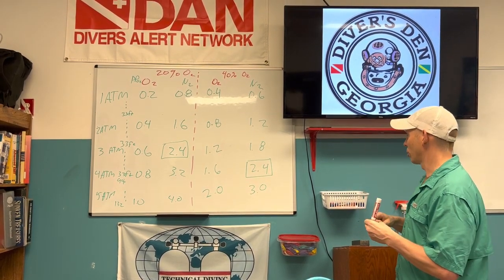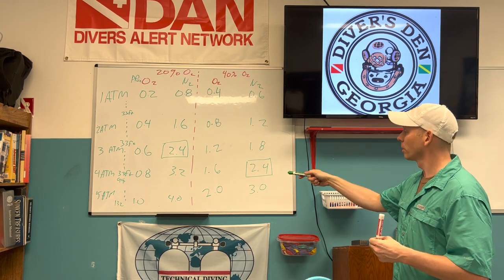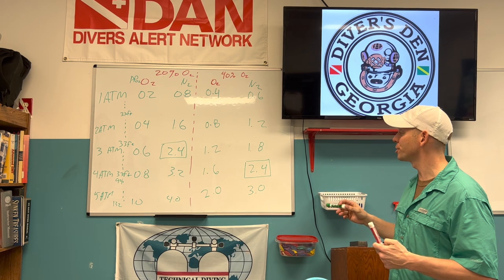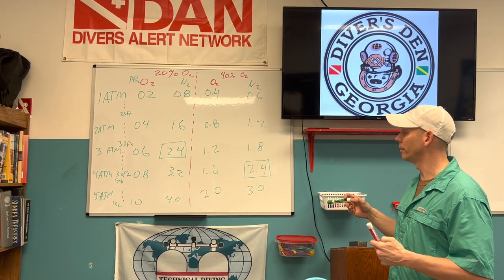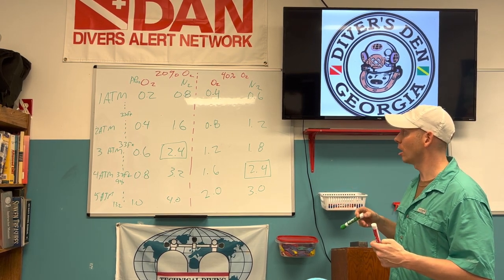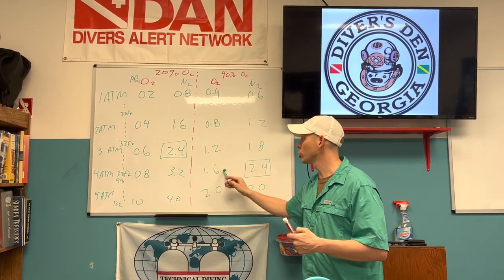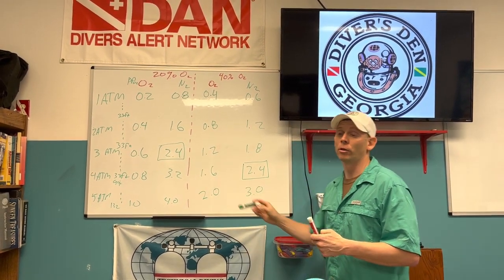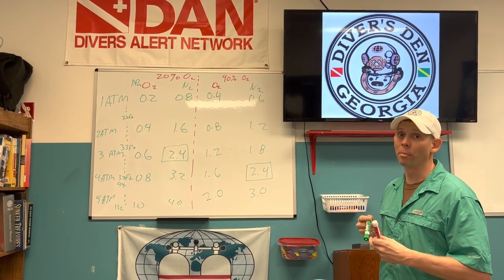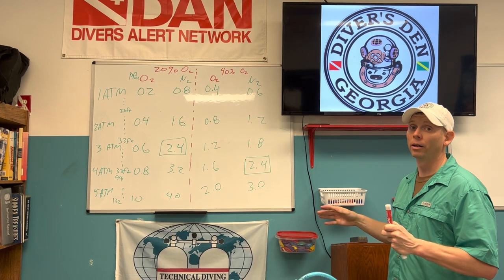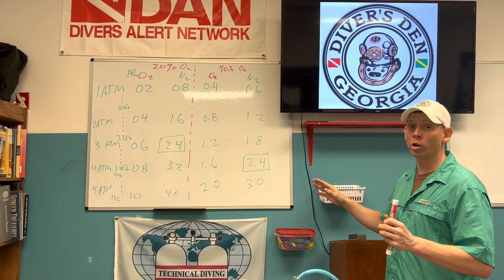At certain partial pressures, oxygen can become toxic, and it's one of the biggest hazards of diving with oxygen. The industry contingency limit for oxygen is 1.6. Above 1.6, you're in a dangerous spot where you can start going into convulsions.